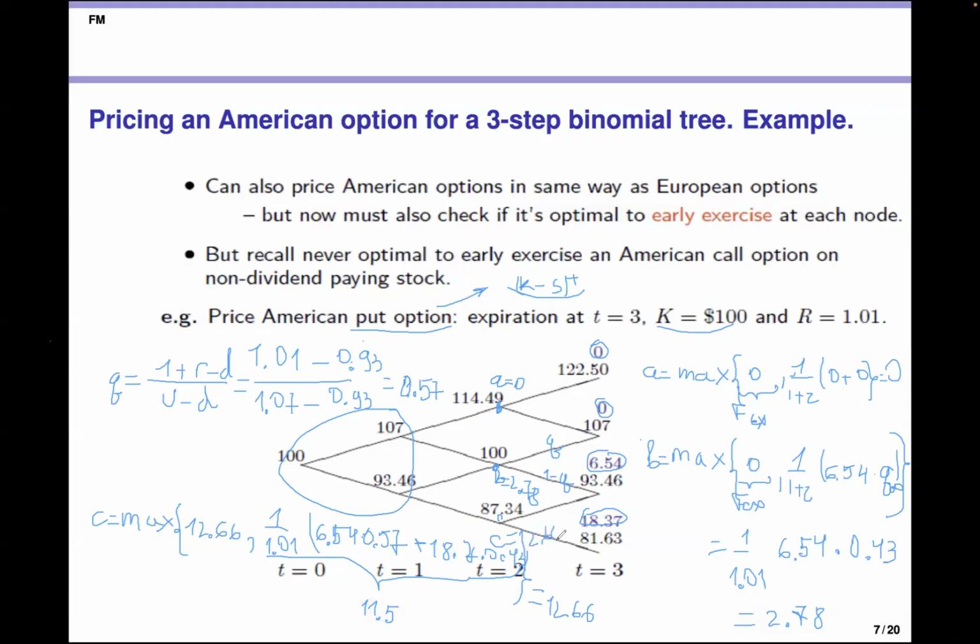Okay, so all this we computed for t equals 2, and now we need to compute for t equals 1.